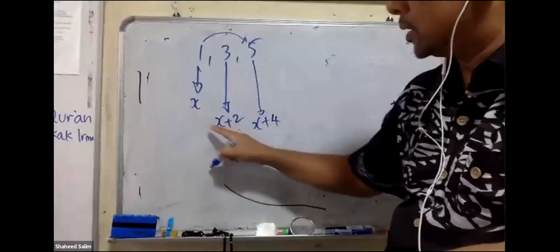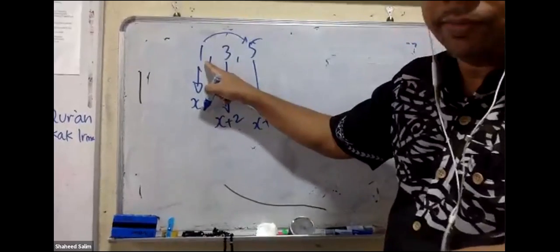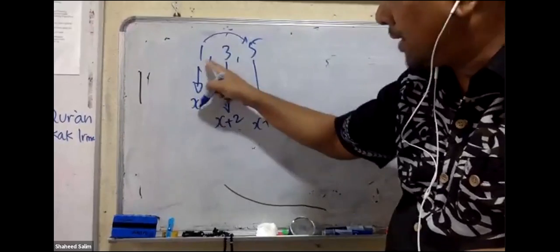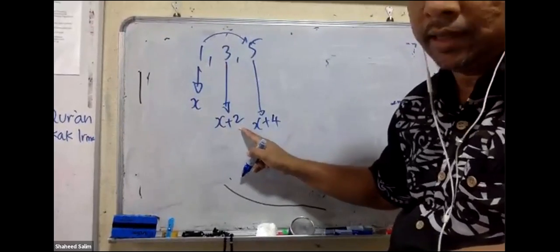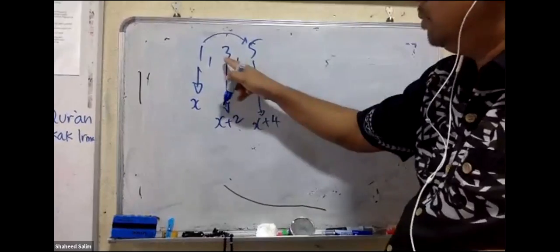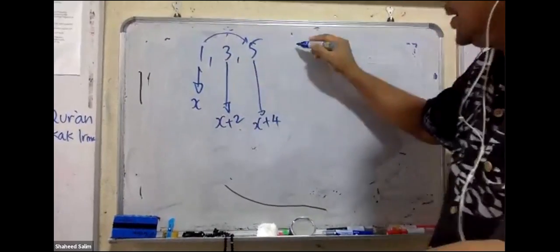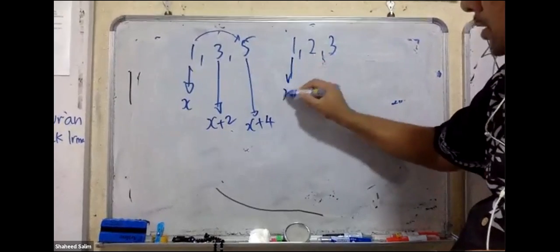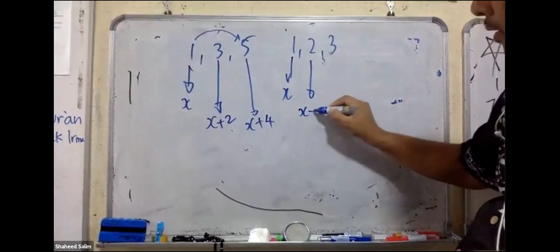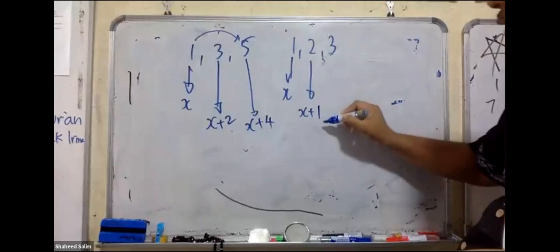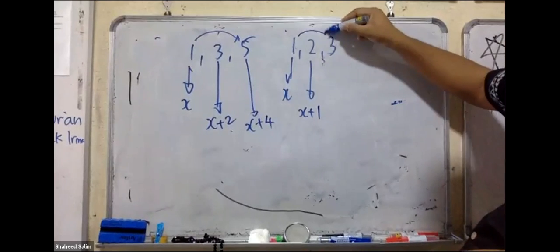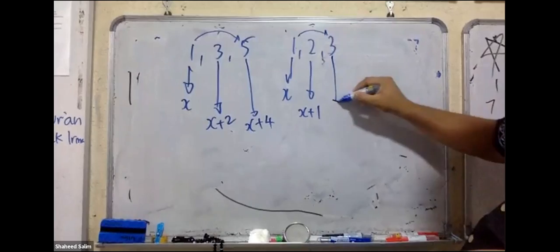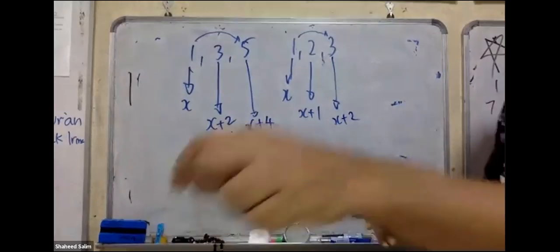So this is actually your 3 numbers. Let 1 be X. The next number is always plus 2. It cannot be plus 1 because this is an odd number. If I put 1, 2, 3, this one is X, number 2 is X plus 1, since 1 plus 1 is 2. But to go from 1 to 3, it's 1 plus 2. So X plus 2. Can you see that?